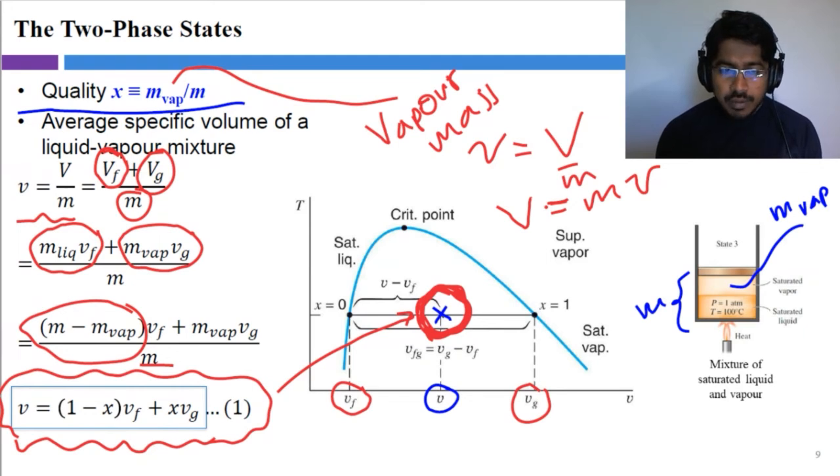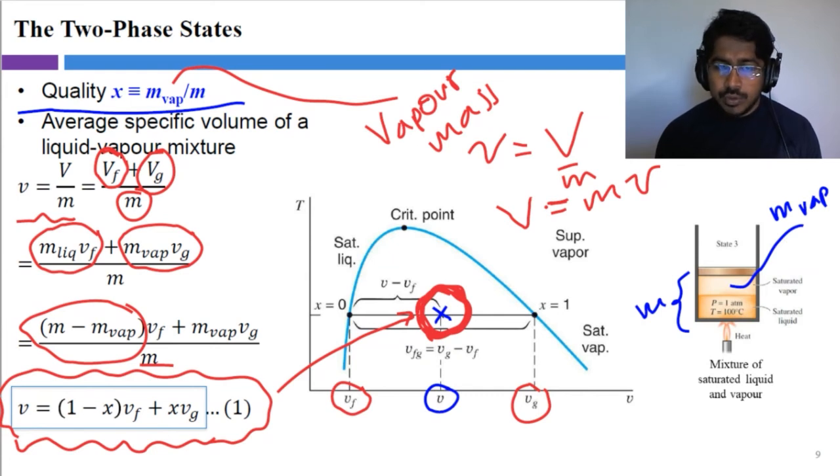And when we have an x value inside the dome which is not equal to 0 and 1, let's say 0.5, 0.75, what can we say about this mixture? Do we have both liquid and vapor, or is it just vapor or liquid?